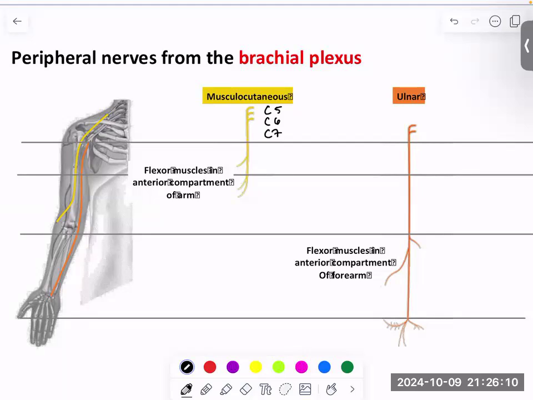They will come together and make this nerve, and the musculocutaneous is responsible for the flexor muscles in your arm. What is one flexor muscle in your arm, folks? Your biceps brachii. That one is controlled by the musculocutaneous nerve.